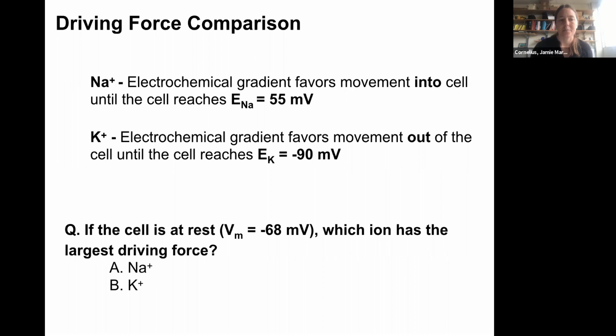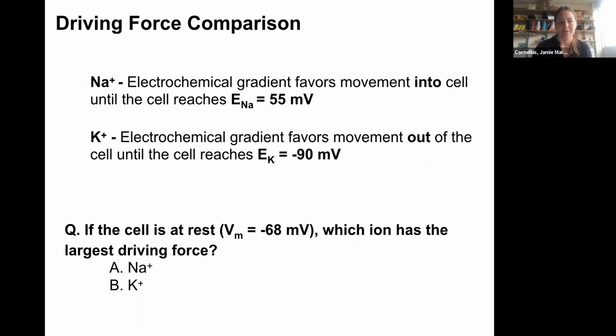In contrast, for potassium, the electrochemical gradient favors movement out of the cell until the cell reaches -90. At -90, as we talked about before, the electrical gradient is opposing the movement due to the concentration gradient.